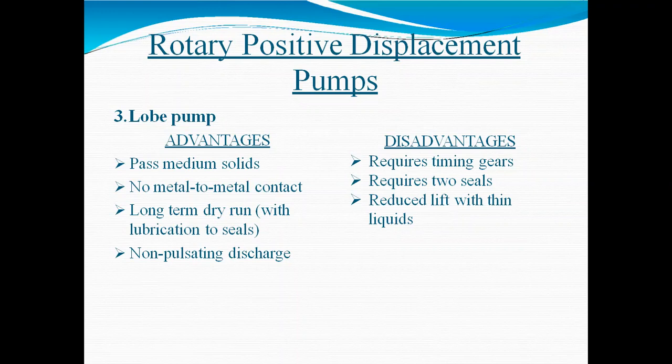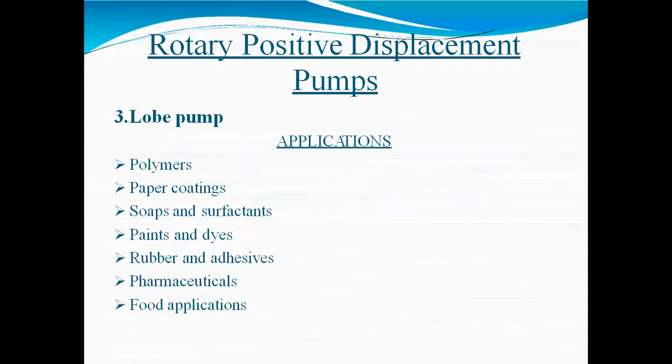If the liquid is very thin, according to your viscosity, then it will reduce the lifting height. So these are the disadvantages of your lobe pump. Again, the lobe pump is used in the polymerization industry, paper coating industry, soap, pharmaceutical industry, rubber industry, and food application. All the applications we have discussed till now are near about the same.